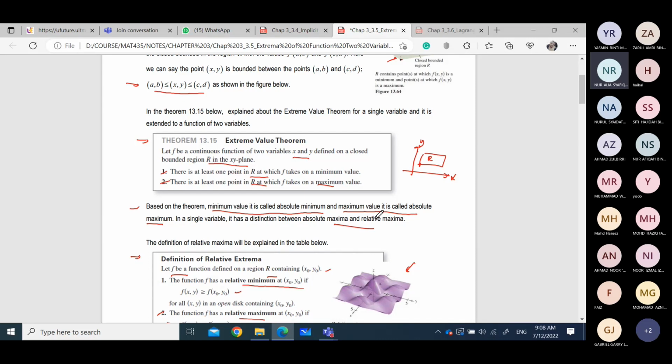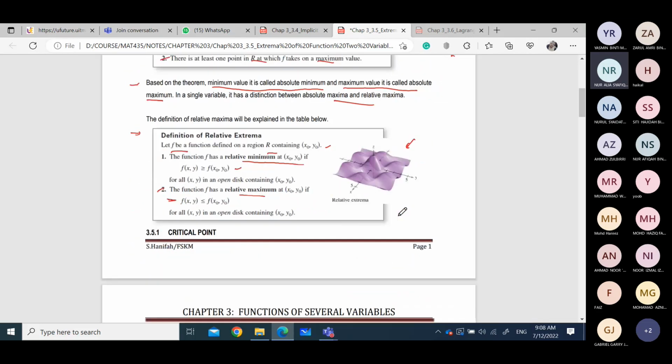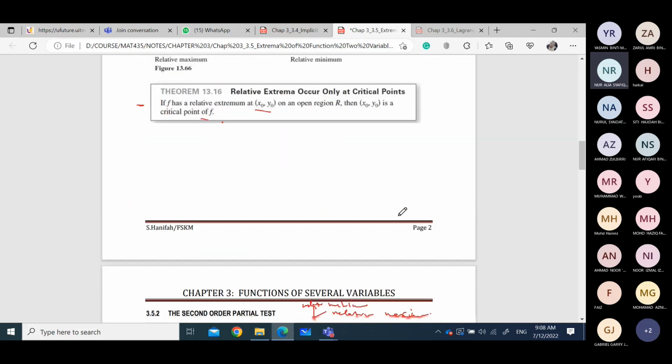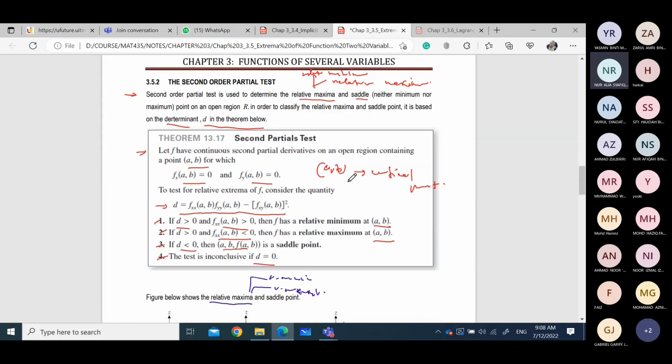Okay, so in order to find the relative extrema, we need to find the critical points first. And then we test on the second order partial derivatives with respect to x, y, and the mixed second order partial derivative, and then we calculate the discriminant. So the discriminant has three situations. If the discriminant is less than 0, it has a saddle point.